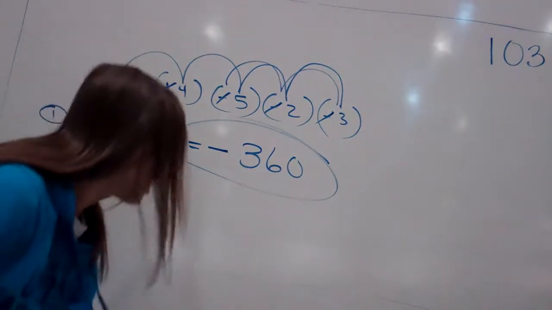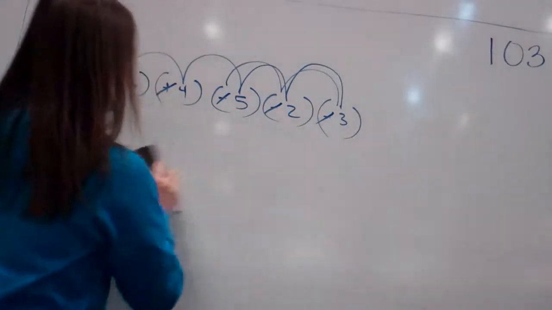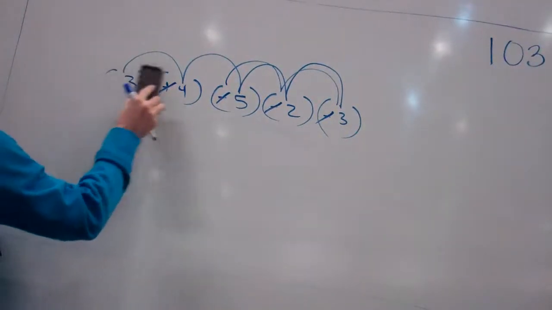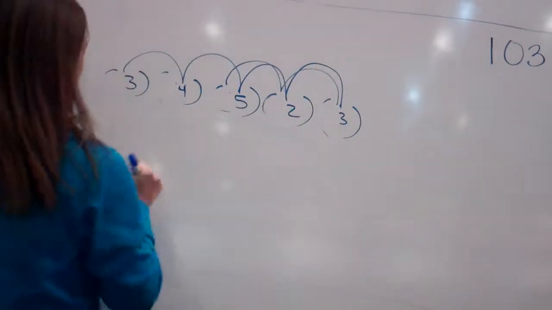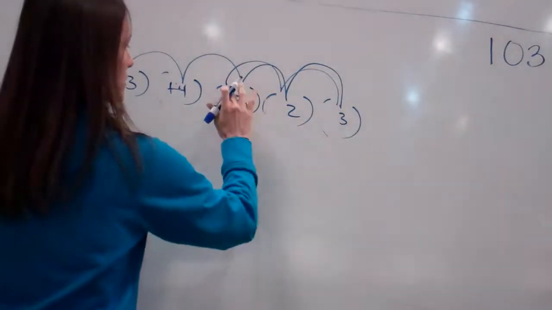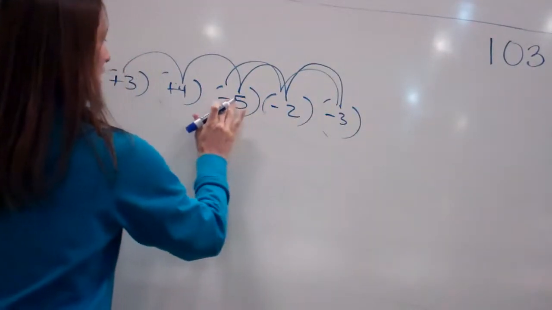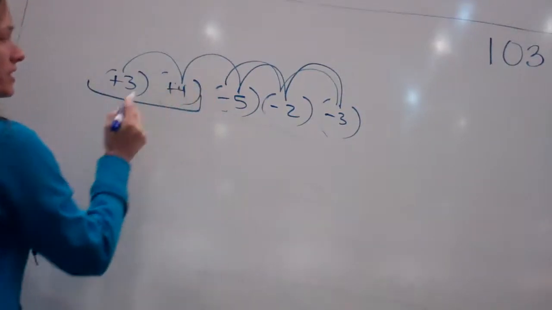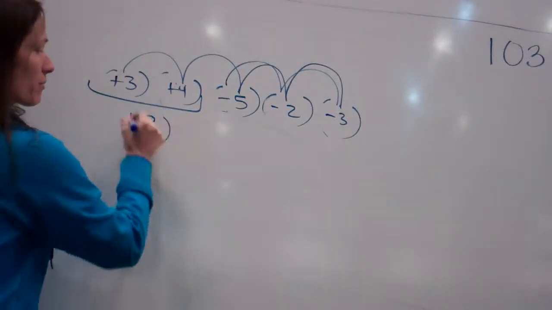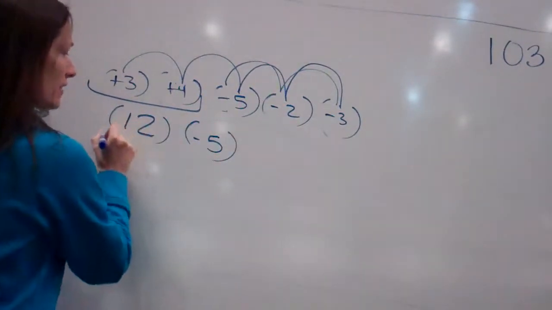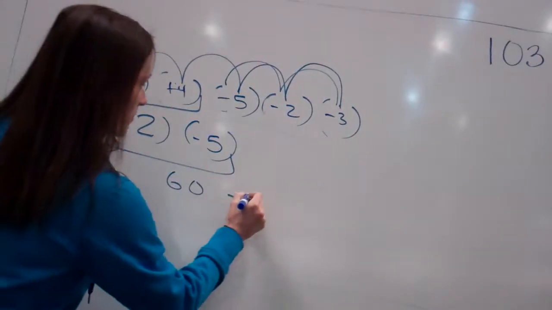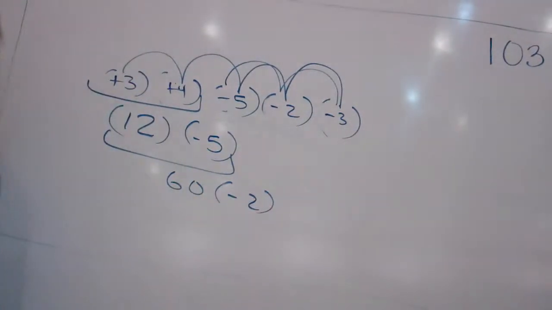Now, I saw one of y'all working the problem like this, getting your answer and then moving everything else down, then getting that answer and then moving everything else down and doing it like that.